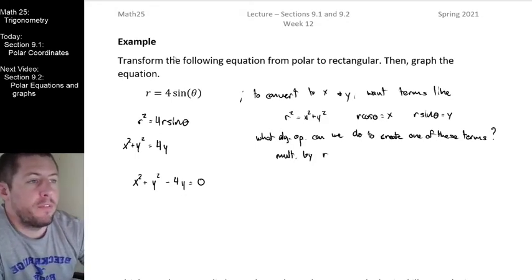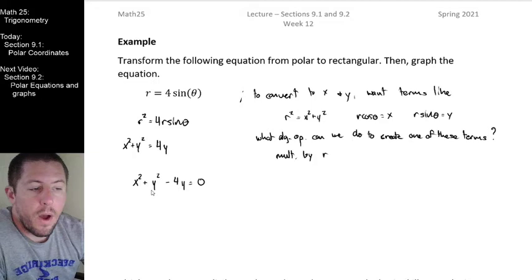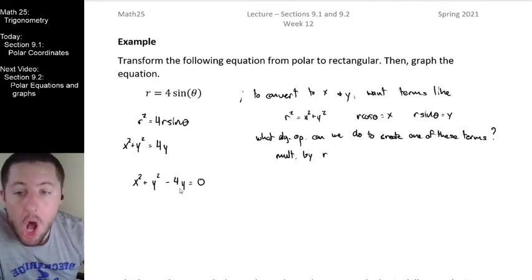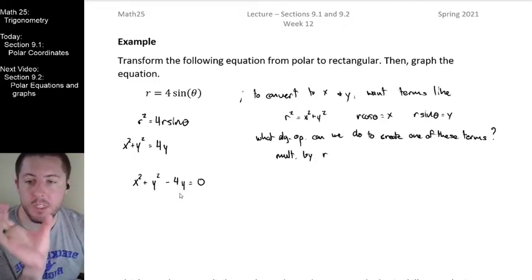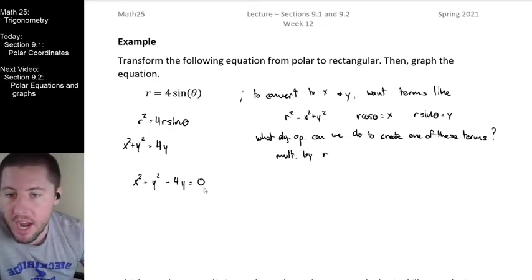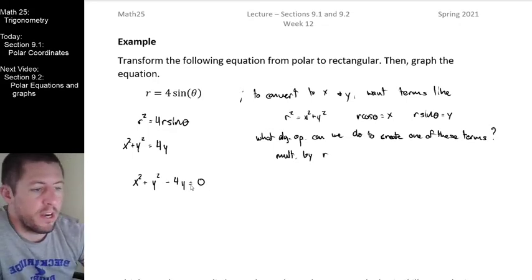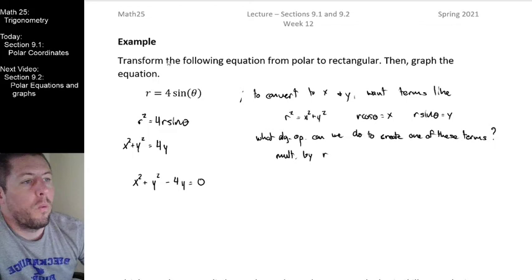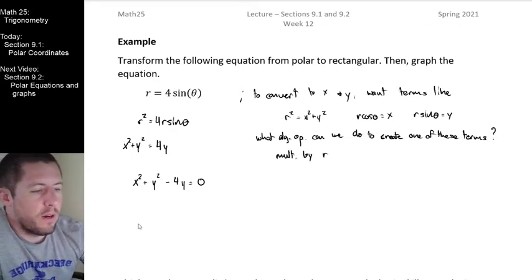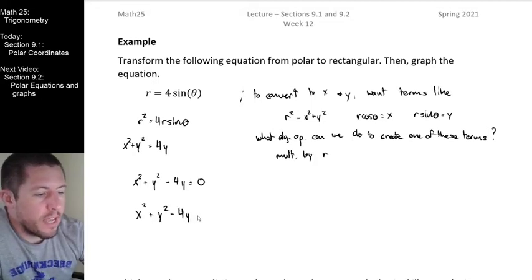So here's what I'm going to do for myself. I'm going to recognize that y squared minus 4y almost looks like something that I would get out of squaring a binomial if there was another constant term plus some special number over here on the other side. We're going to talk about this a little bit more in the coming weeks, but if I were to go ahead and, for example, add 4 to both sides of the equation.